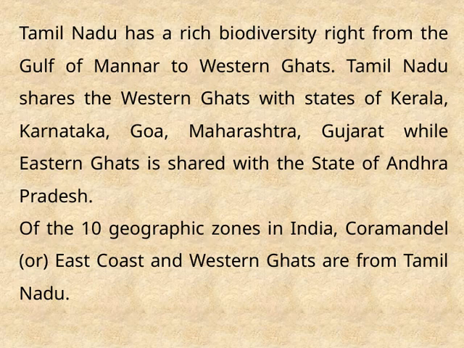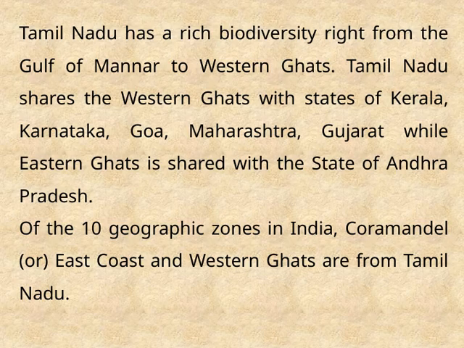On the eastern side, Tamil Nadu shares the Eastern Ghats with Andhra Pradesh. These mountain ranges are equally important and contribute significantly to the region's ecological diversity. Additionally, when we look at the broader geographic zones of India, Tamil Nadu is home to 2 key zones: the Coromandel Coast, also known as the East Coast, and the Western Ghats.